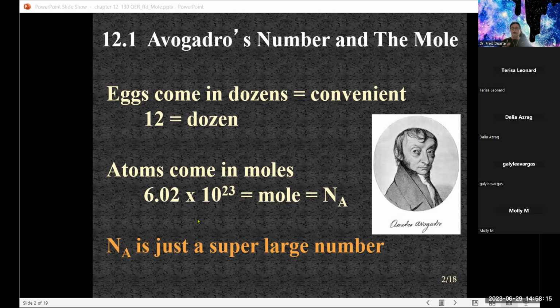Okay. And as I explained in the lab yesterday, the mole is nothing more than a number, just like 12 equals a dozen. It just happens that this number is very, very large.